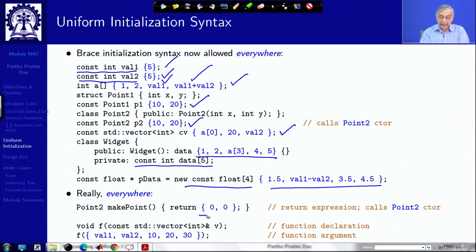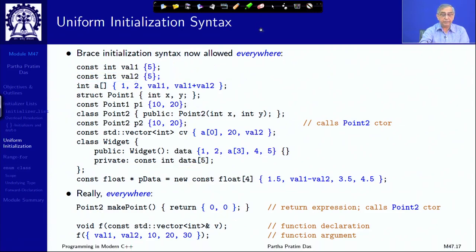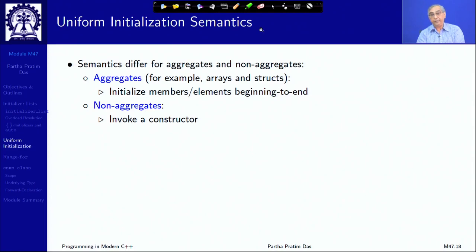For example, I can return a braced initialized value from a function. So, this is in the context of say class Point2, this will call the constructor of the class. I can pass it to a function. So, everywhere braced initialization can be used. So, that makes things really uniform.